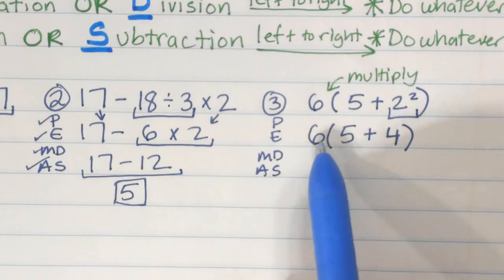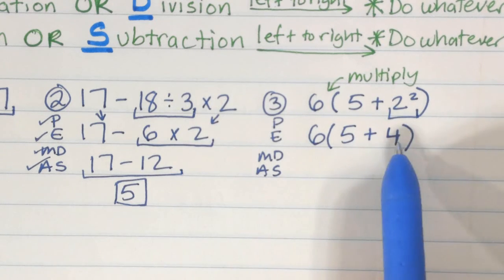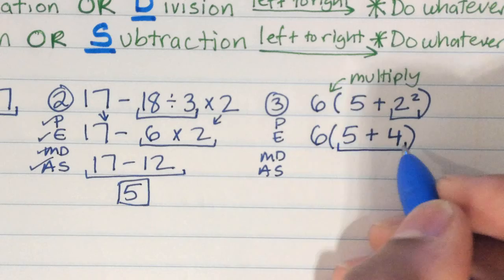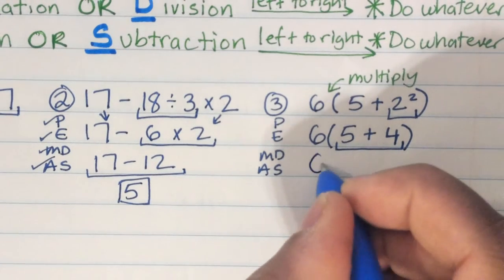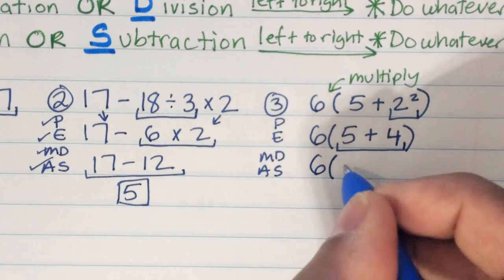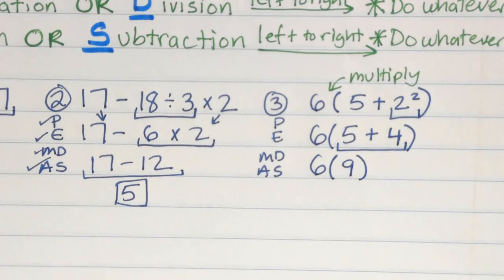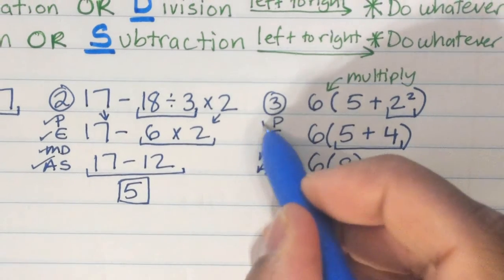Then we check, am I done with all of my parentheses? No. So I need to go ahead and finish it, and the only thing left is to add. 5 plus 4 will get me 9. You can keep the parentheses there, or you can write it as multiplying, up to you. So now I'm done with the parentheses.